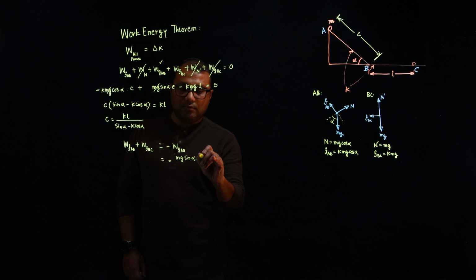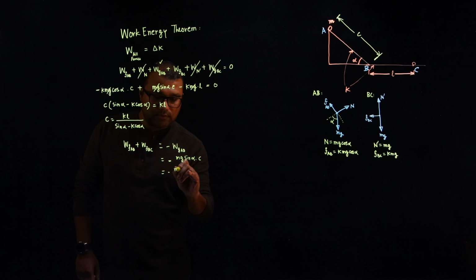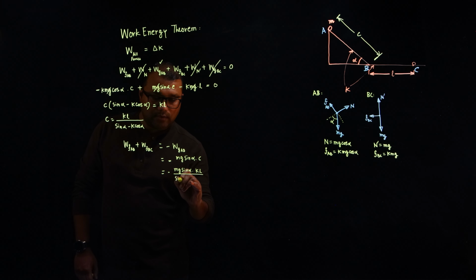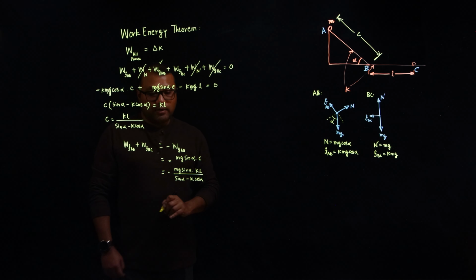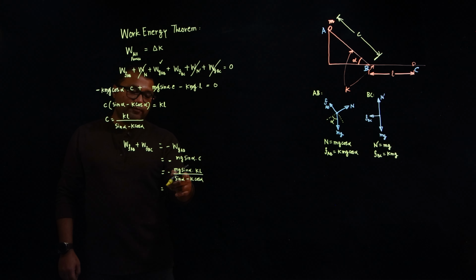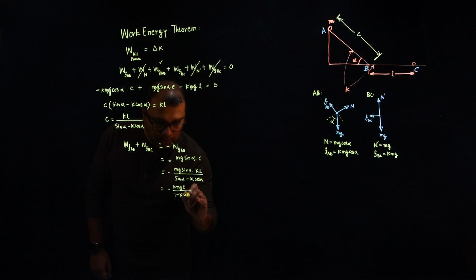Now we can substitute the value of C from here. So minus mg sine alpha times KL divided by sine alpha minus K cos alpha. If I divide numerator and denominator by sine alpha, this becomes minus K mgL divided by 1 minus K cot alpha.